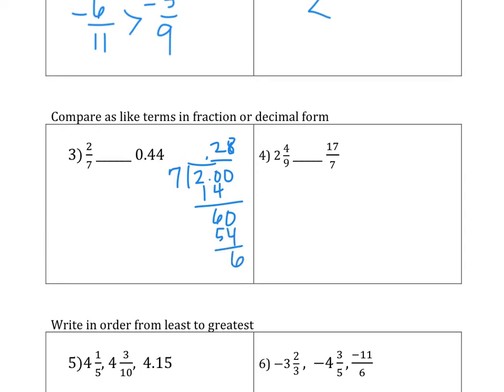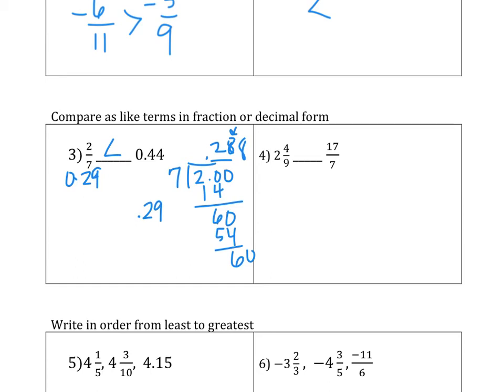So, and 6. So I'm going to have 60 again, it's going to be another 8. So that's going to round to 0.29. And 0.29 is less than 0.44. So that's how I did that one. Turn your fraction into a decimal.